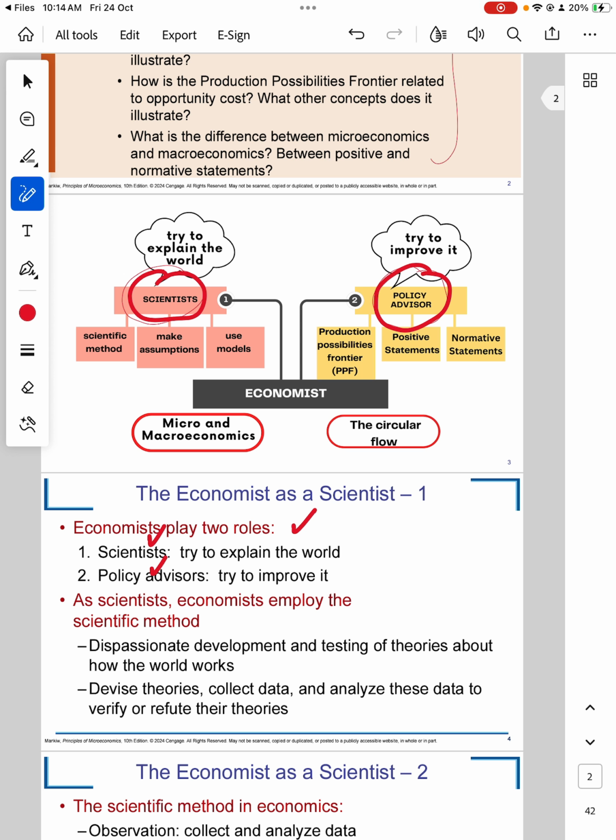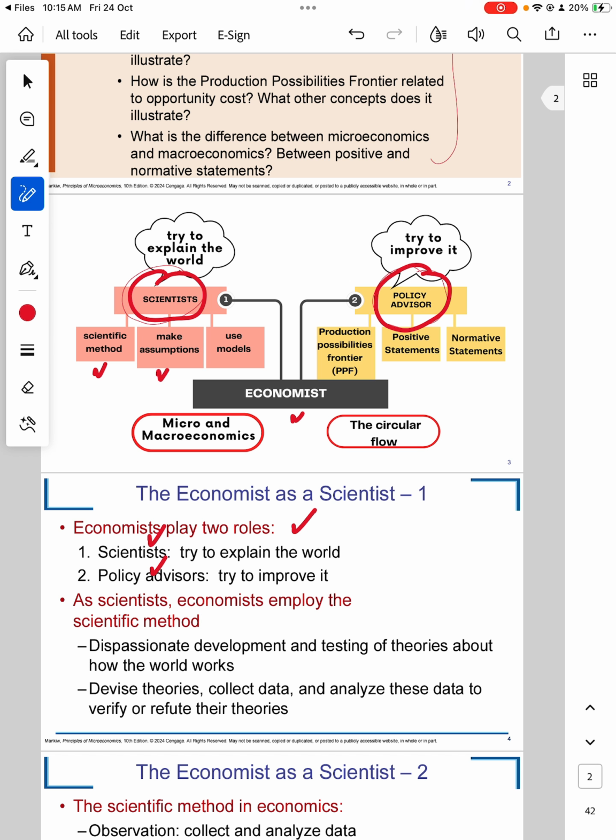Scientists, how does it relate to the economists? We can consider economists as playing a role as a scientist because they are trying to explain the world, why and how. By using the scientific method, they observe things, they experience things, and then they make decisions about what needs to be done in a particular situation, for example.